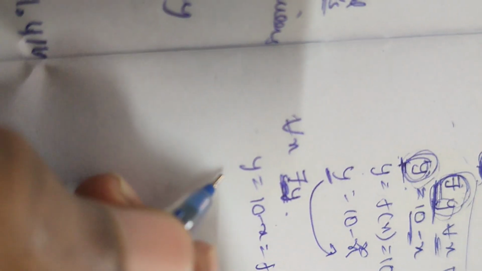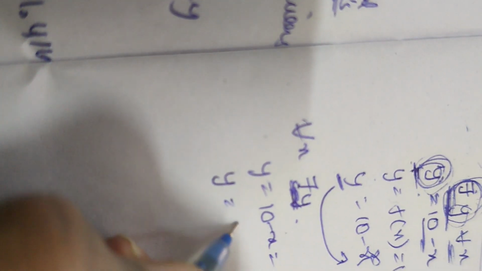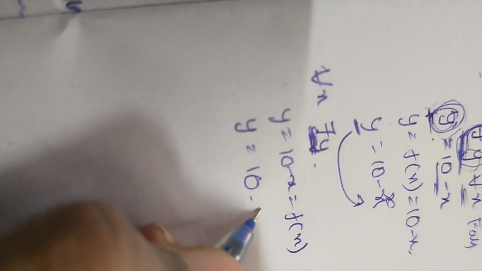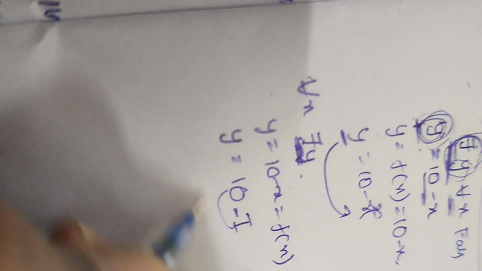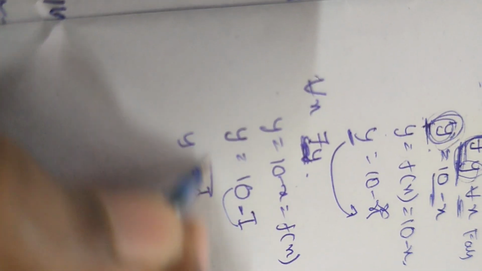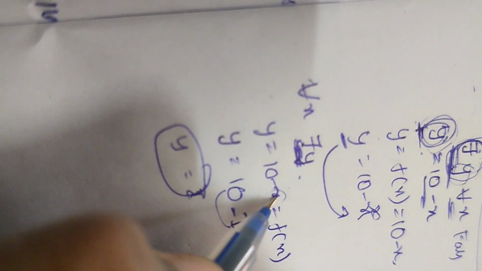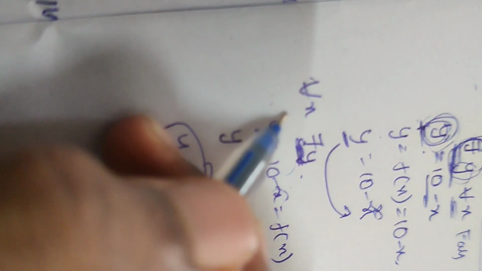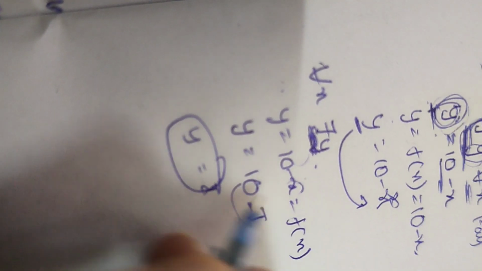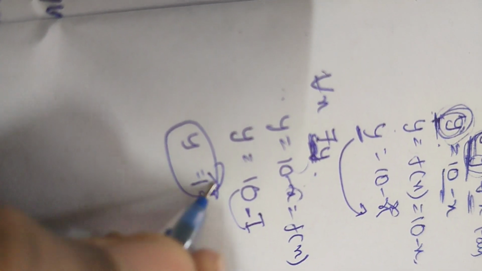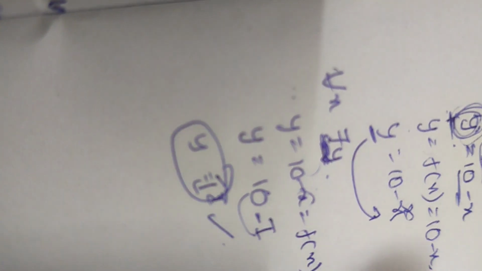No. 10 minus x is an integer. For every integer, 10 minus integer is an integer. y is an integer. If for any x we were getting y as irrational, you could say it is false, but we got it as an integer, so it is true. So this is a trick.